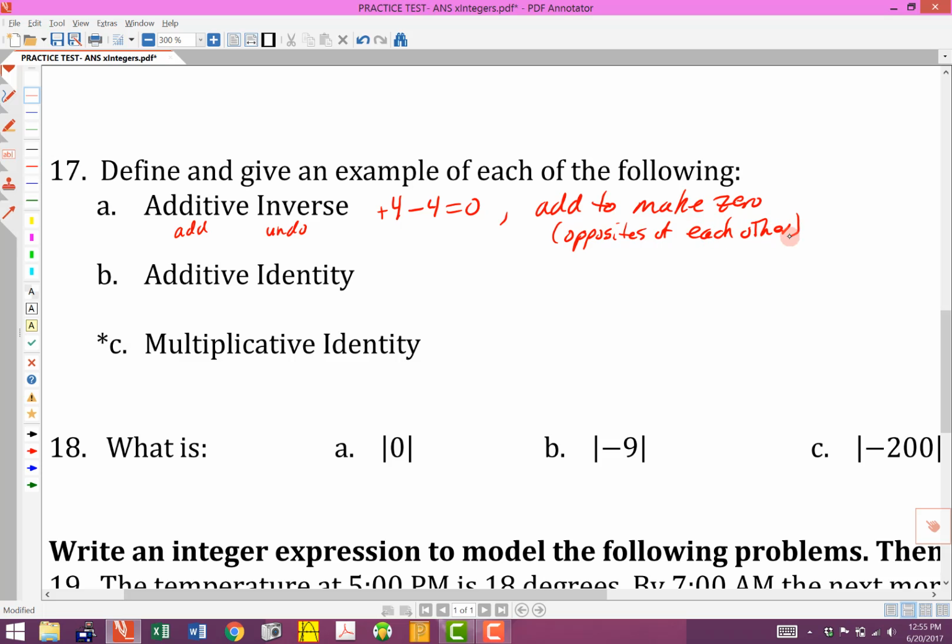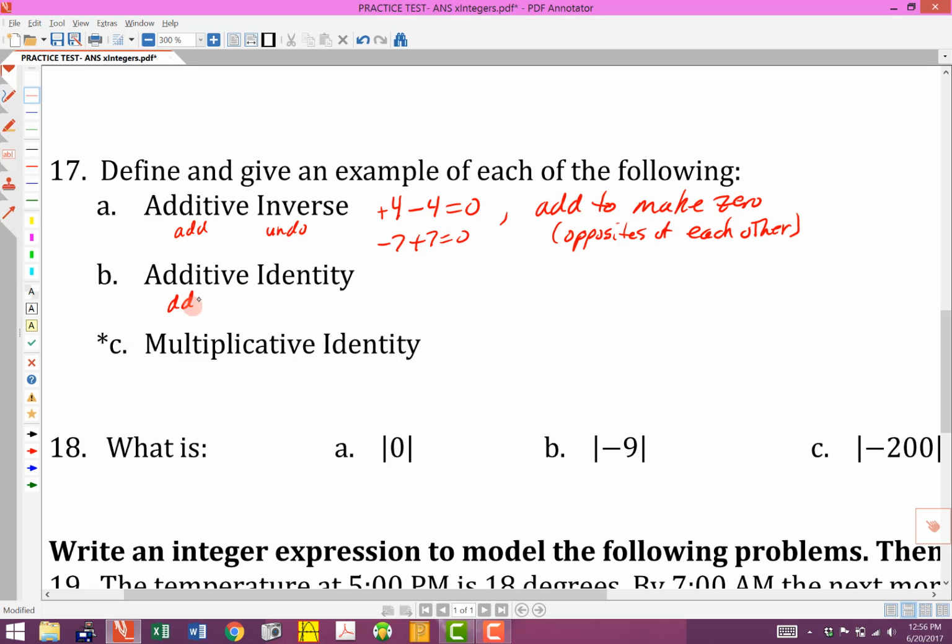Okay, and we could give another example. Let's say we started off with a negative 7. The inverse of that, or additive inverse of that, would be positive 7, because if we added 7 to that, that would make a 0. Okay, so we've got a couple examples, and we've kind of got our definition here. That means they add to make 0.